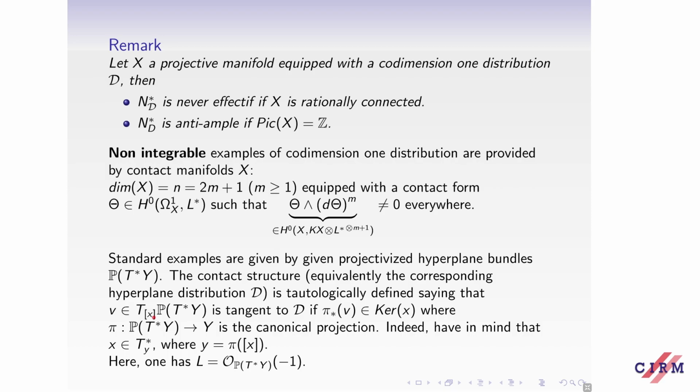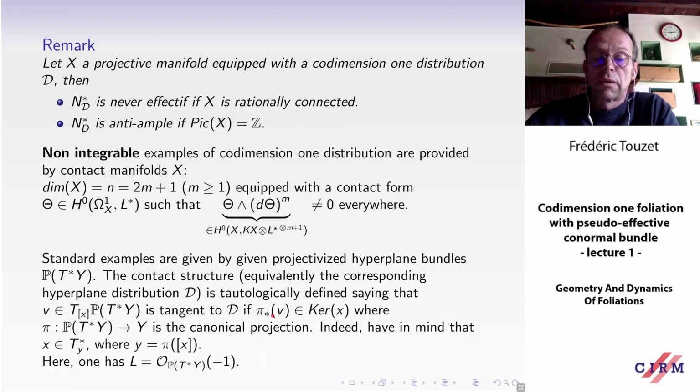So we define the contact distribution by declaring which vectors are tangent to this distribution, and such a vector v will be tangent if its projection by pi lies in the kernel of x. So the kernel of x is well defined; indeed it depends only on the class of x.